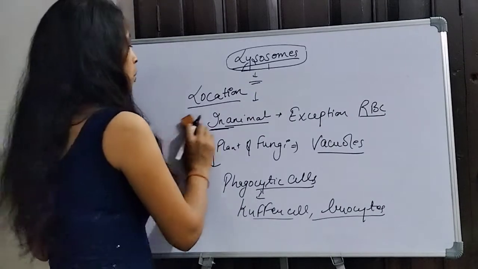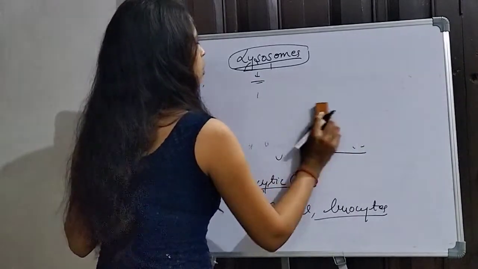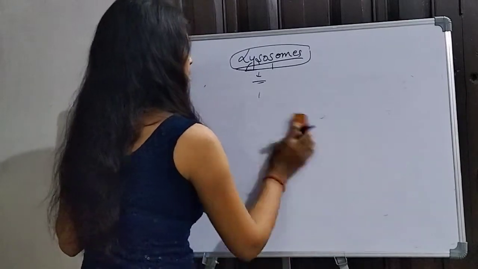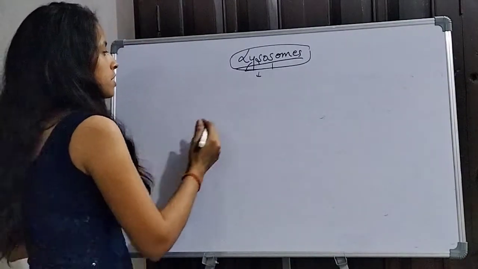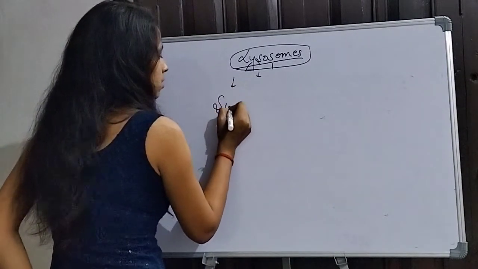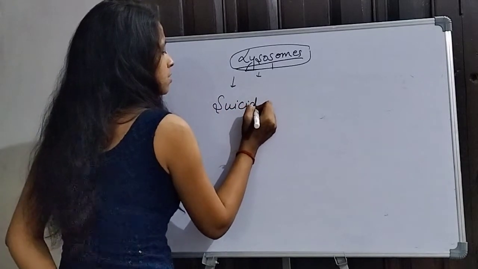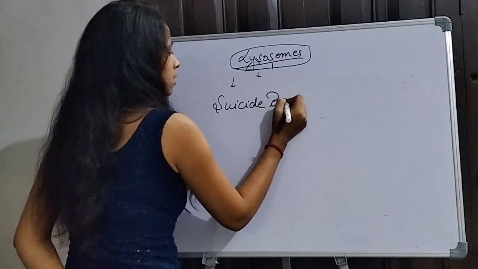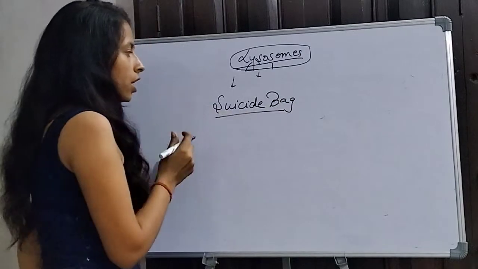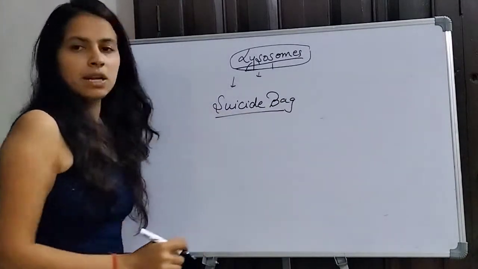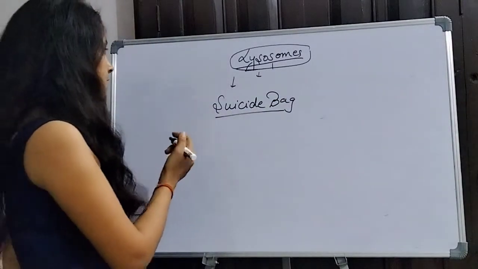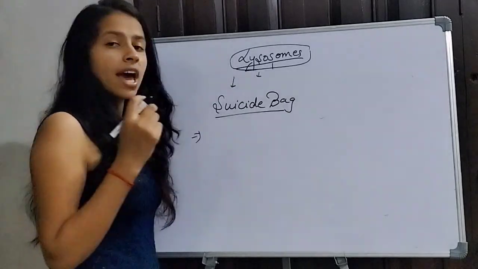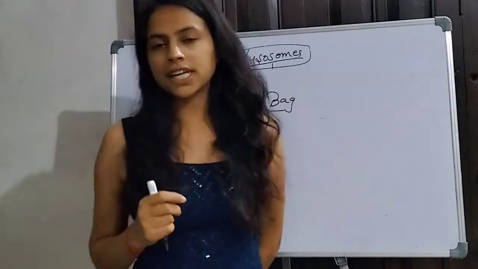And the fourth point is that another name of lysosome is suicidal bag. Okay. Why do we call it a suicidal bag? Because there is a reason behind this: the lysosome contains the hydrolytic enzymes.